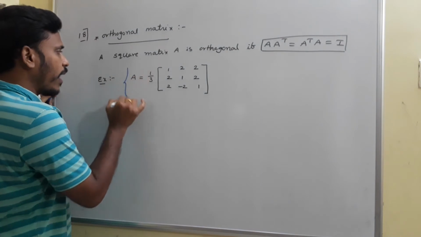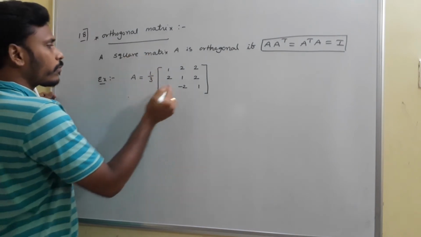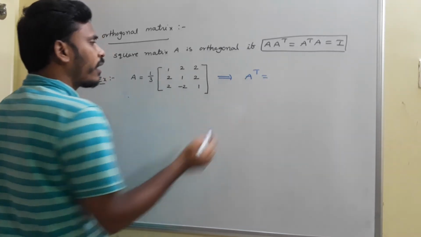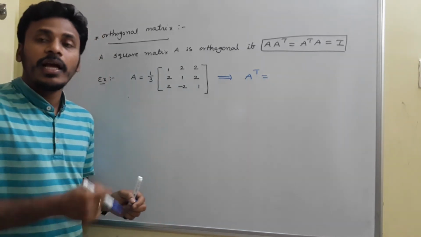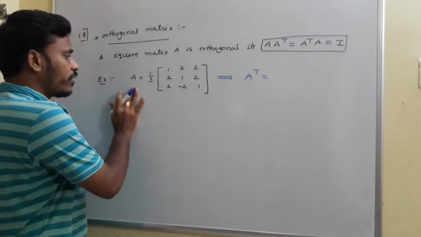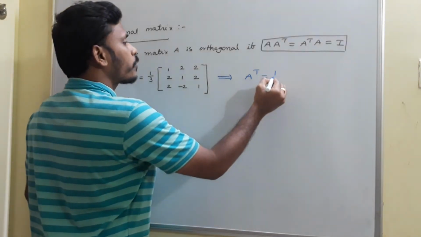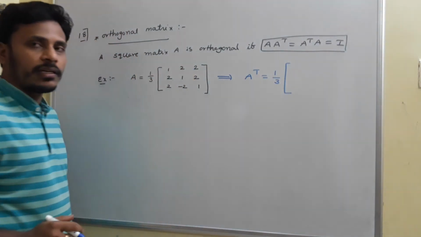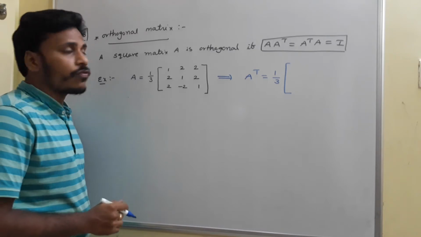This is A as given, and from this A I need to write A transpose. A transpose is simply interchanging the rows and columns of the given matrix. 1 by 3 is a constant outside the matrix, so just keep it.